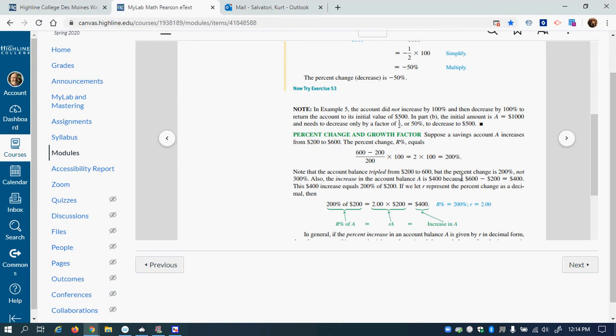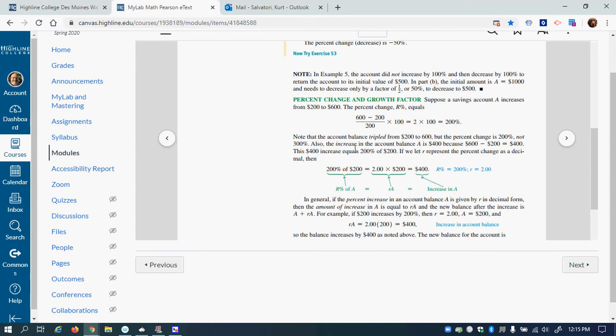But the percent change is still 200%, not 300%. Also, the increase in the account balance is $400, because 600 minus 200 is $400. So this $400 increase does equal a 200% increase of 200.